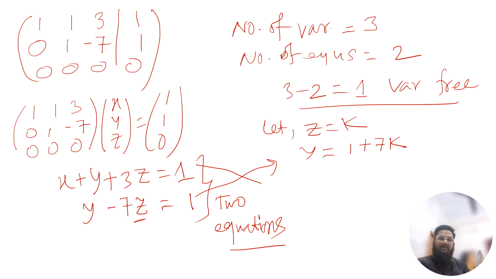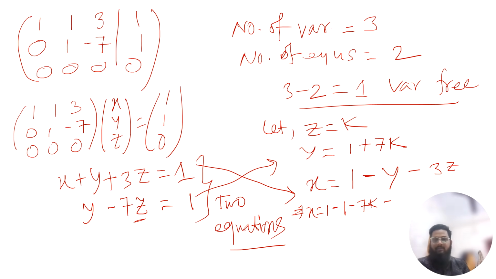Now put y and z in the first equation, so you are getting x equal to 1 minus y minus 3z. So x equal to 1 minus 1 minus 7k minus 3 into z, which is k. So 1 and 1 are cancelled. So ultimately you are getting x equal to minus 7k minus 3k, which is minus 10k.